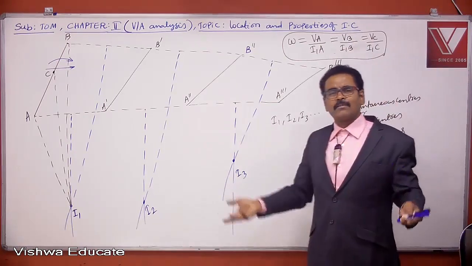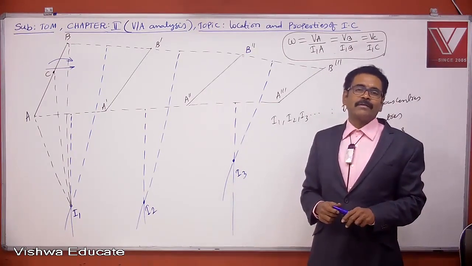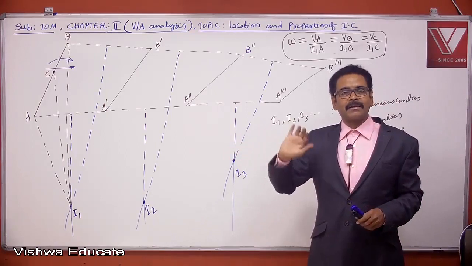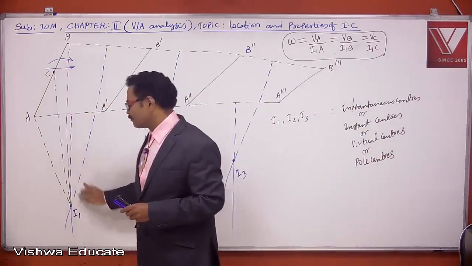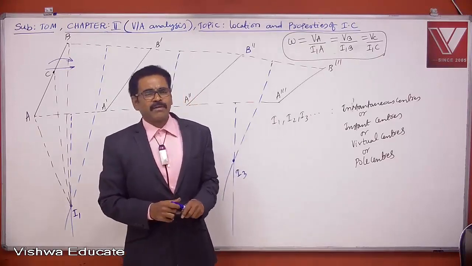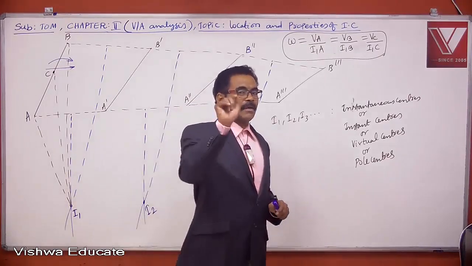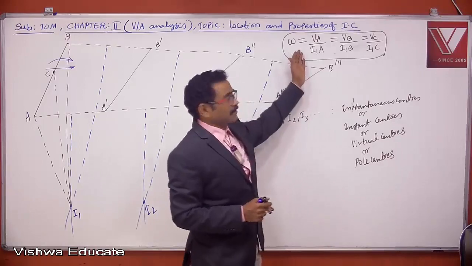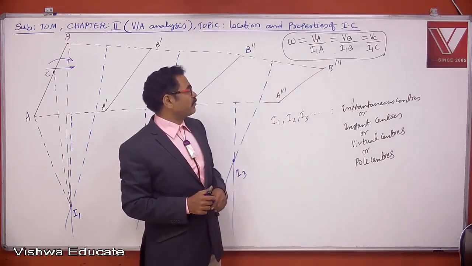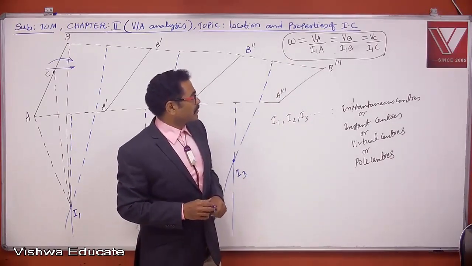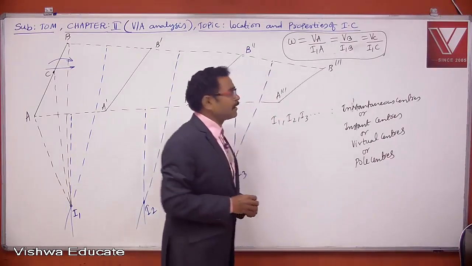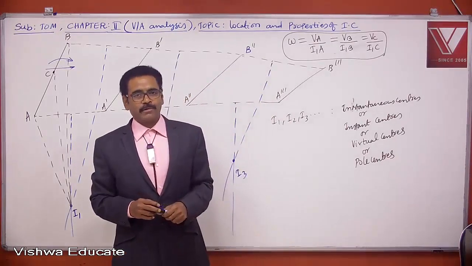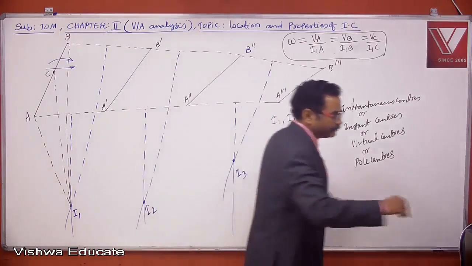V is equal to R omega, or omega is equal to V by R. Since this entire link is executing pure rotation, every point on that link carries the same angular velocity. That's what I am writing here: omega is equal to VA by I1A, also equal to VB by I1B, also equal to VC by I1C.